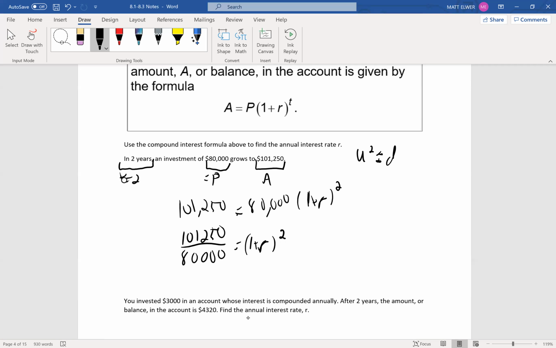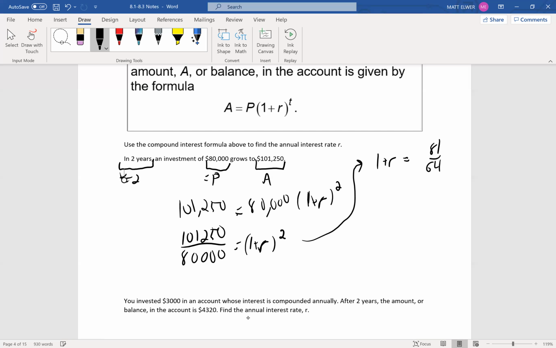So if we take the square root of both sides, and I'll switch the order and kind of start up here just to make sure I have enough room. We'll go up here. Notice that we have 1 plus R on the left now, since I'm switching the order, right? So we're taking the square root of both sides, is equal to, and I'll just let you know that these two huge numbers simplify to 81 over 64, right?